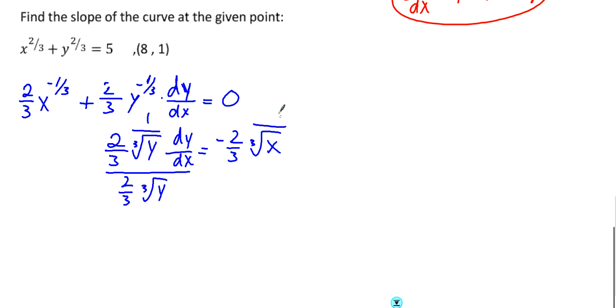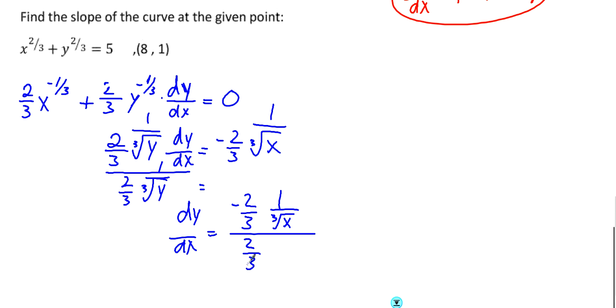Then I'm going to divide both sides by 2/3 cube root of y. There should be 1 over there. There should be 1 over. And so you get dy over dx equals negative 2/3 times 1 over cube root of x, over 2/3 times 1 over the cube root of y, like that. 2/3 divided by 2/3 is 1, so you get negative, and dividing by something is the same thing as multiplying by its reciprocal, so you get the cube root of y over the cube root of x.